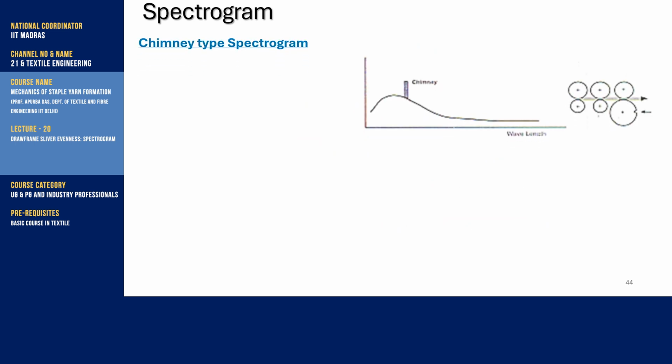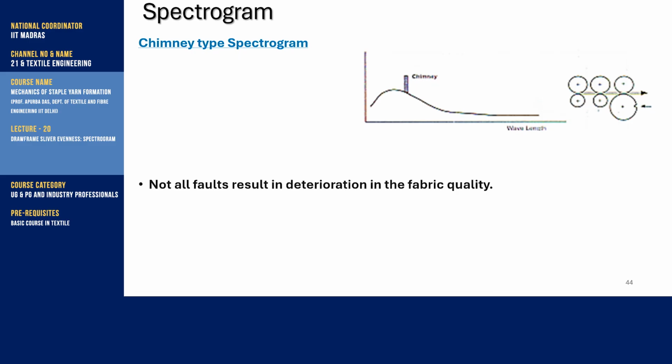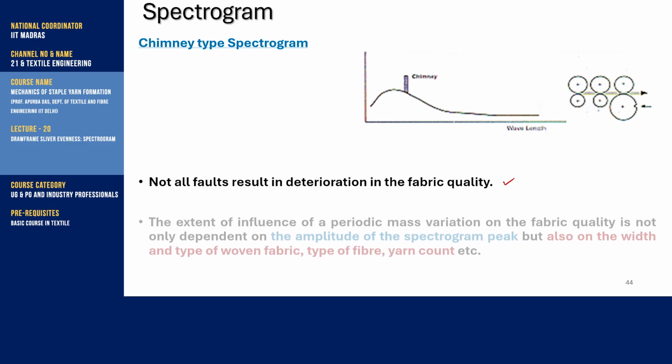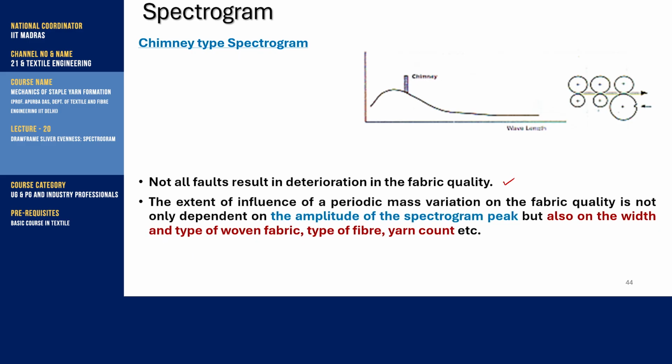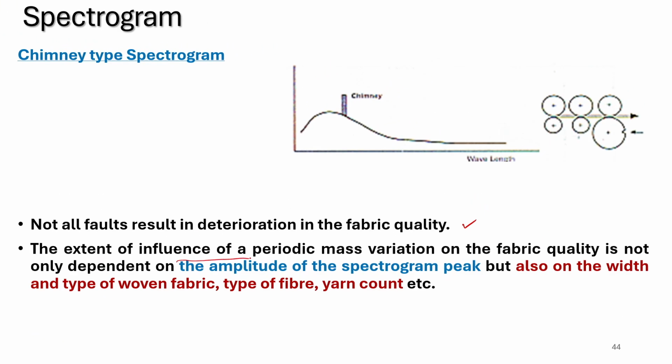So, the chimney type spectrogram, we have seen here. Not all faults result in deterioration of the fabric quality. The extent of the influence of a periodic mass variation on the fabric quality depends not only on the amplitude of the spectrogram peak, but also on the width and type of the woven fabric.